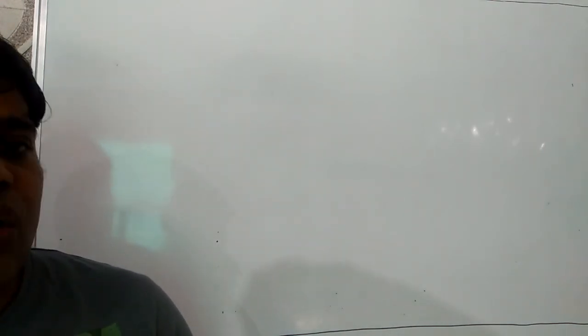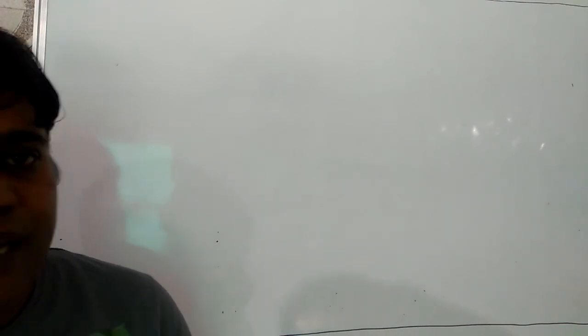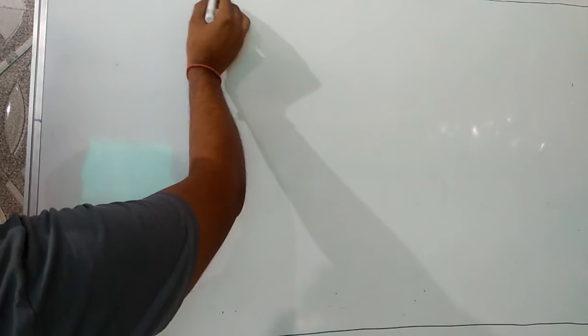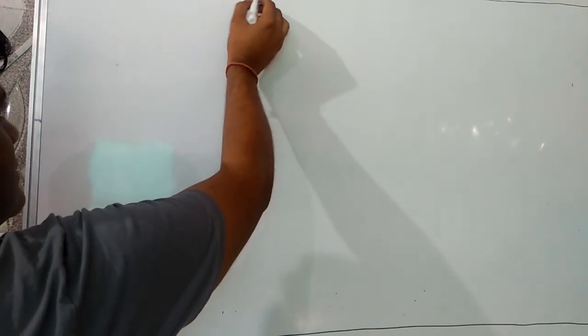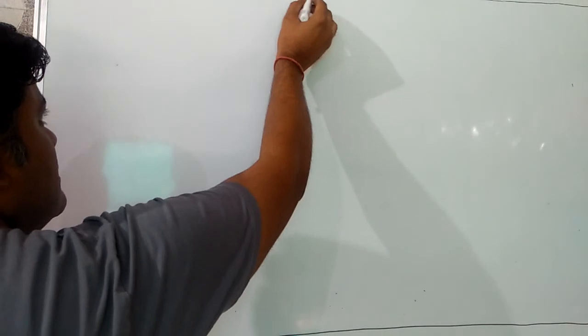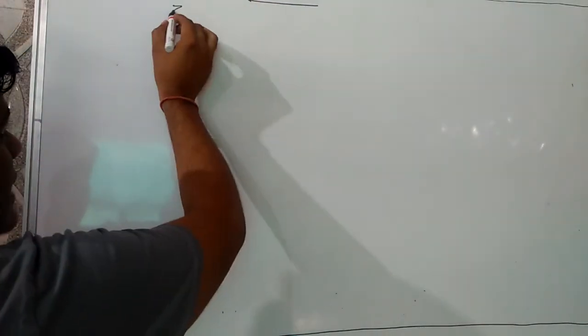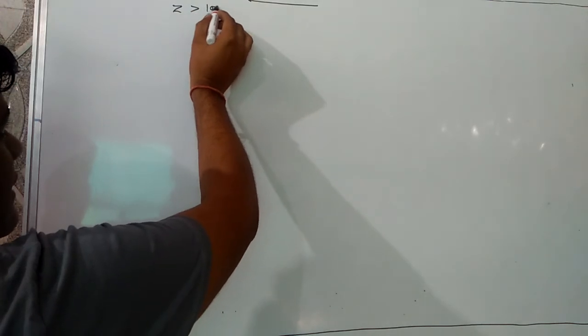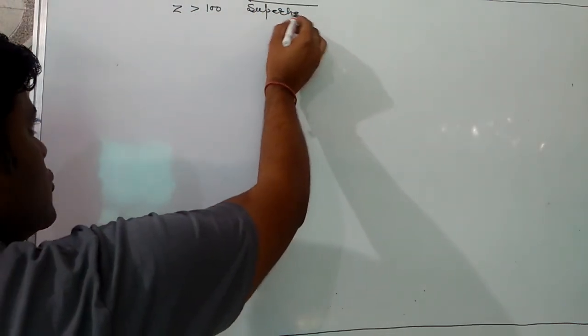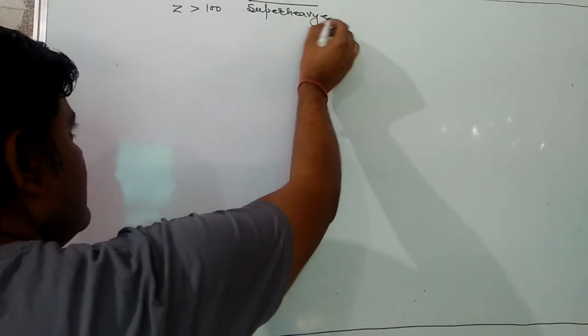Here the elements are known as transuranics. Elements with atomic number greater than 92 are known as transuranics, and elements with atomic number greater than 100 are known as super heavy elements.